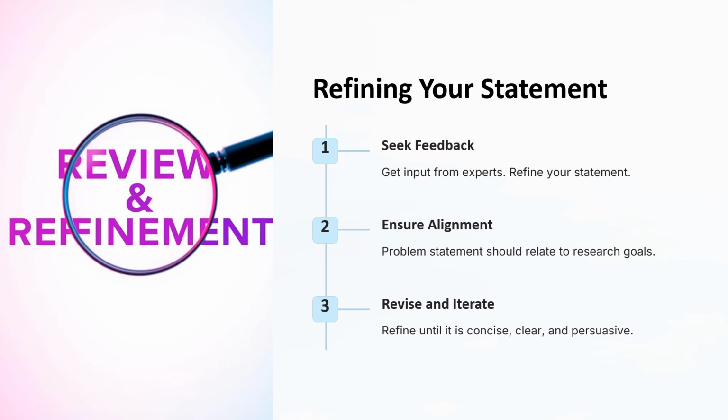You ensure that the problem statement aligns with your research objectives. If anything you are doing and the research objectives are not in line with the topic, the problem statement, the hypothesis, research questions, conceptual framework, everything must be aligned.